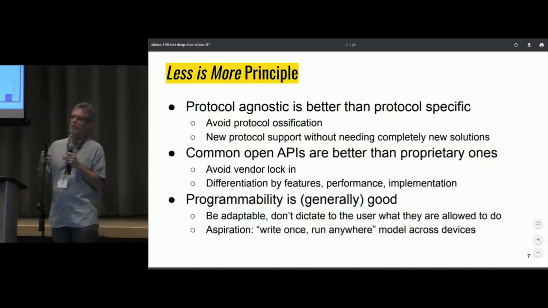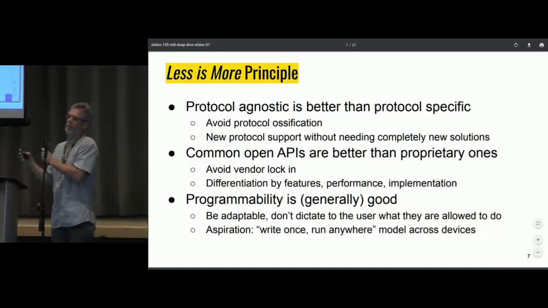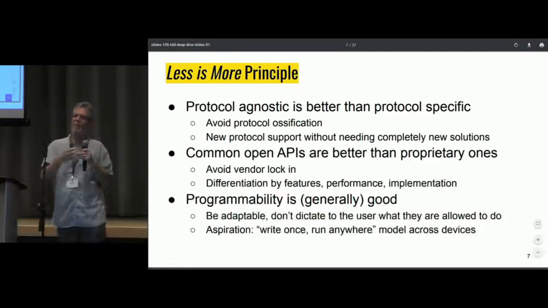This is somewhat of a formalism of trying to prevent protocol ossification. The idea is if we can develop an offload that supports, say, all transport protocols equally versus one that only works with TCP or plain TCP/IP packets, generally, the offload that is more general is going to be more applicable and better for the user.